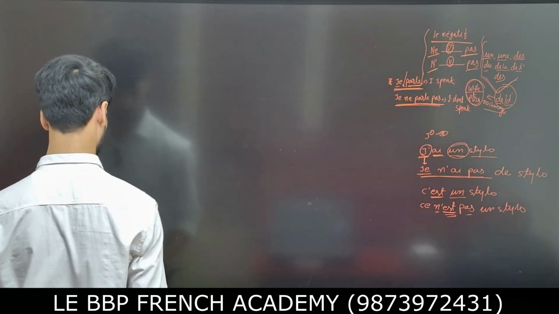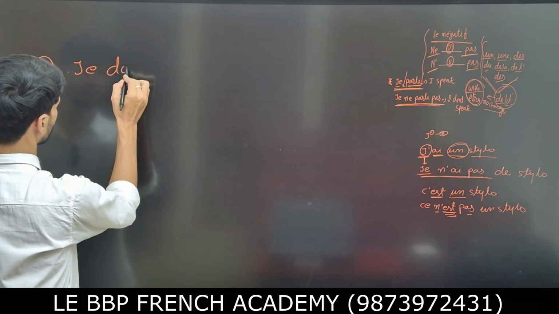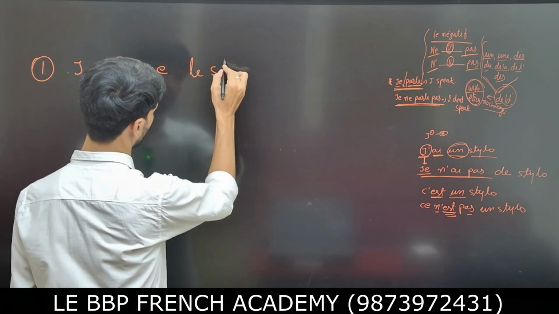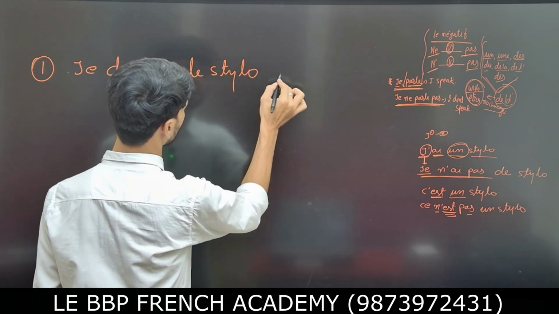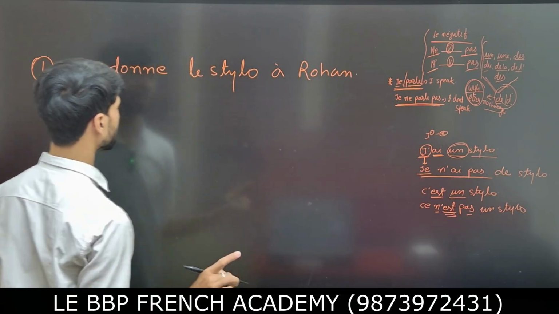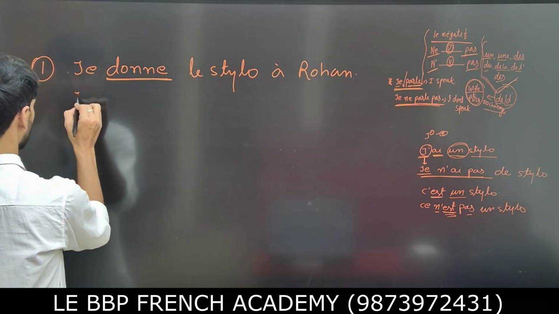Okay. So, je donne un stylo à Rohan. How to make a negative? This is very easy. This is the verb. We put ne pas only. Okay.